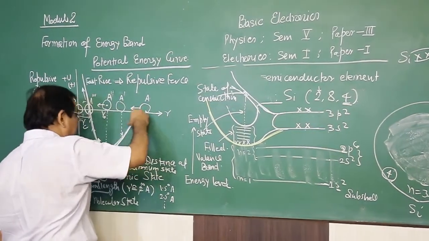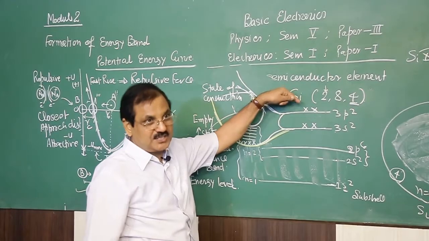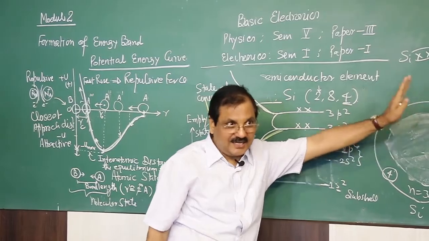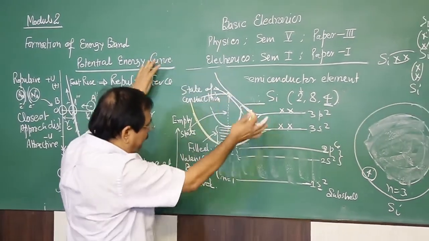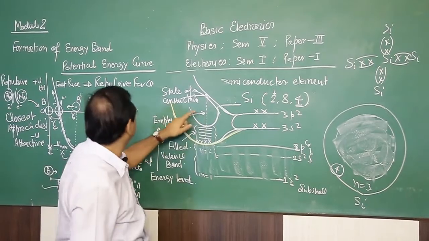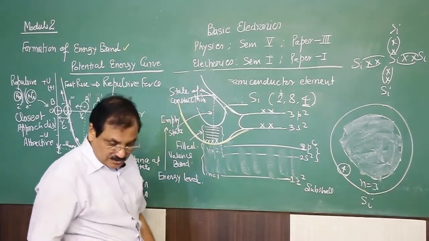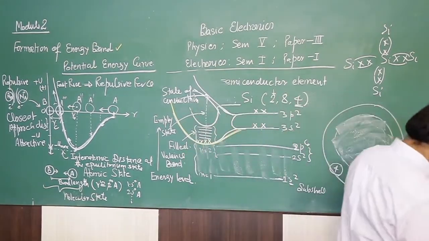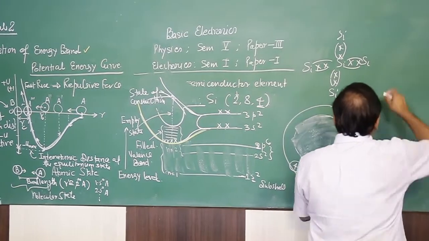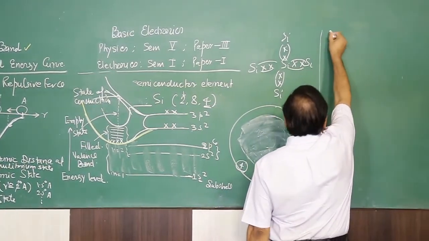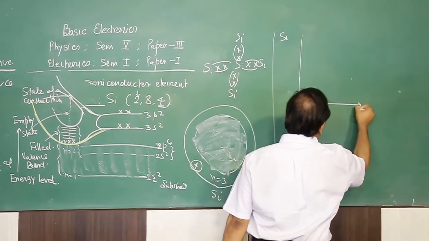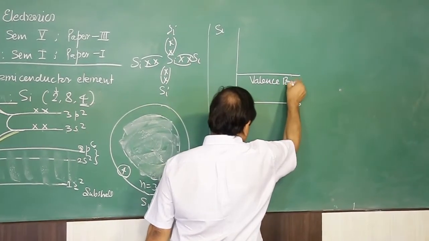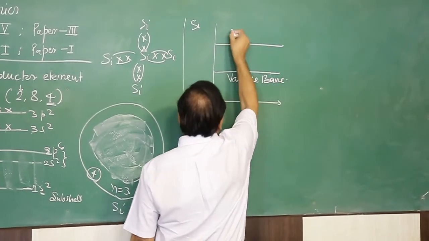So, these are the potential energy curves, and here it is also a potential energy curve. From one silicon atom to another and another, this kind of formation is there, and that is why there is a formation of energy bands. So, in the case of silicon, we represent this one as the valence band, and here it is the conduction band.